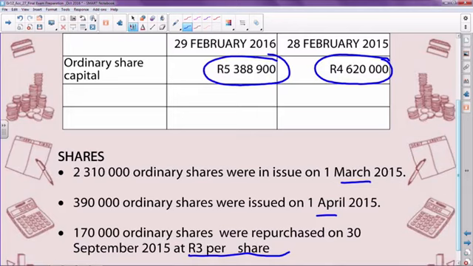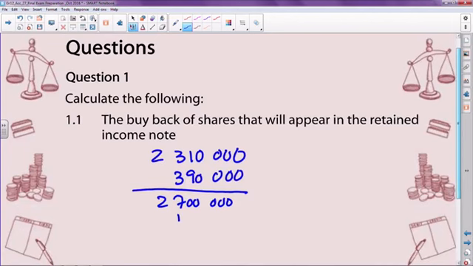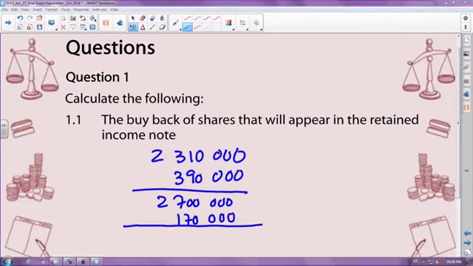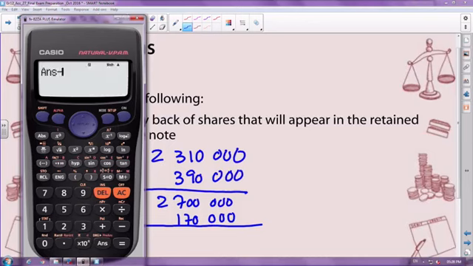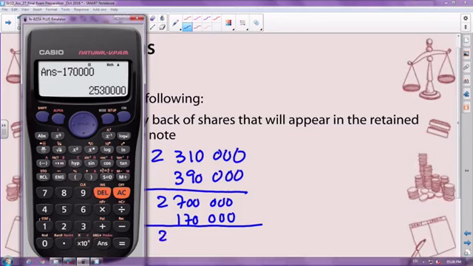This means therefore we have to subtract 170,000 shares, and 2,700,000 minus 170,000 shares will give me a value of 2,530,000 shares.